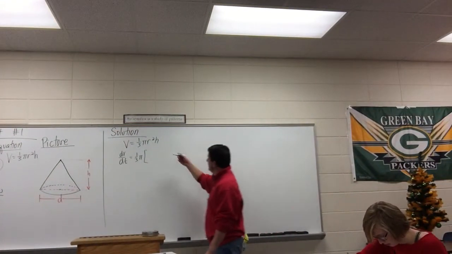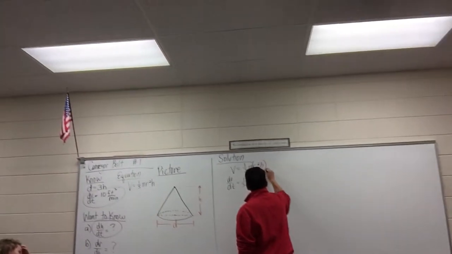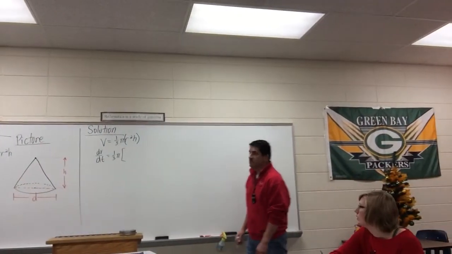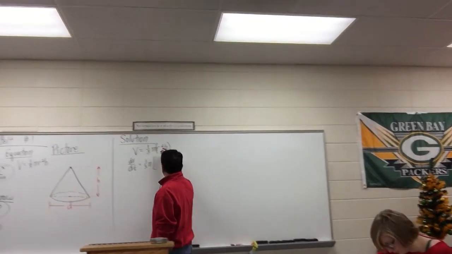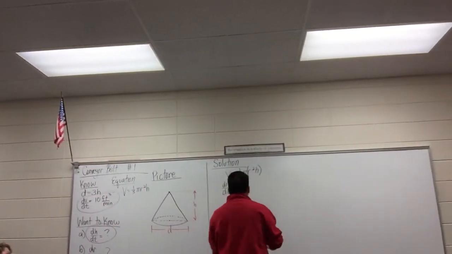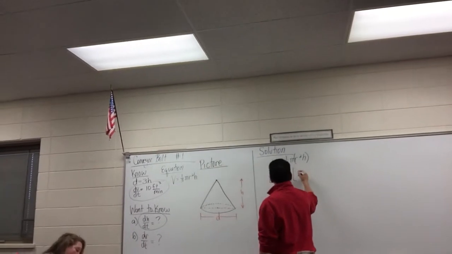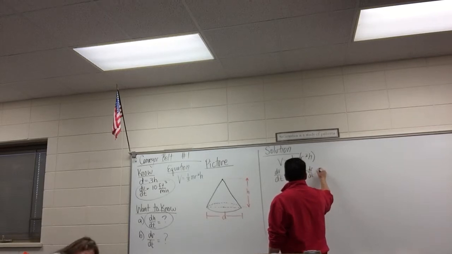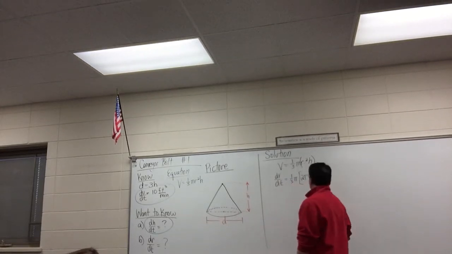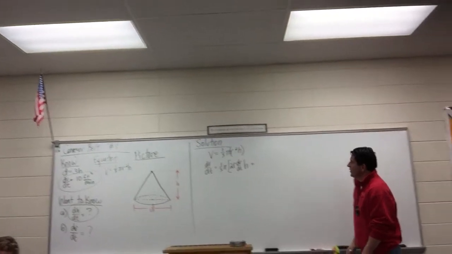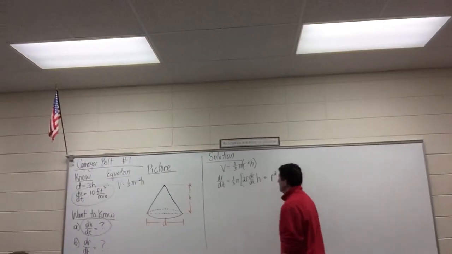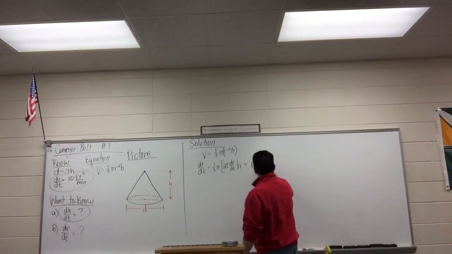And so I'm going to treat this as the product, and we can just multiply the constant by the product when we're all done. So derivative of r squared h, we have to use the product rule. So we'll let r squared be the derivative first. So 2 times r dr/dt times h plus r squared times the derivative of h with respect to t.